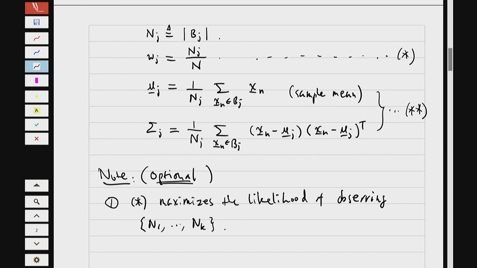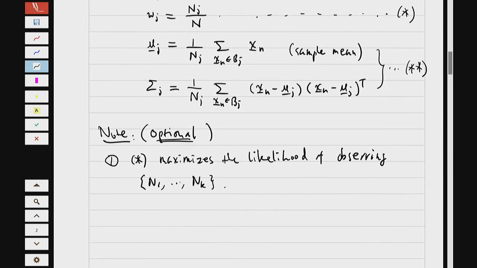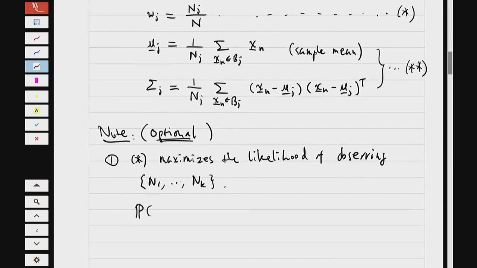Suppose we're given this, what is the probability of seeing this N1 to Nk?